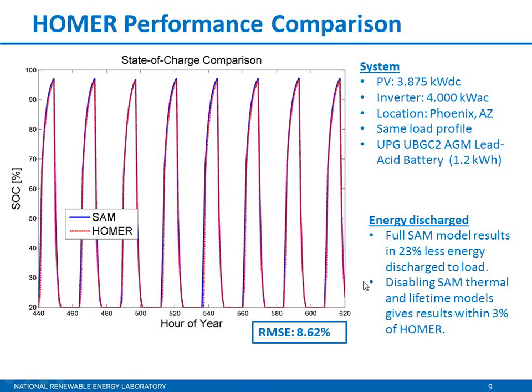One of the main takeaways from this comparison is that the SAM model, which also has a lifetime model and thermal model in it, results in 23% less energy discharged to the load over the year. But disabling those degradation models gives results within about 3% of Homer, illustrating that lifetime degradation is a fairly significant factor.